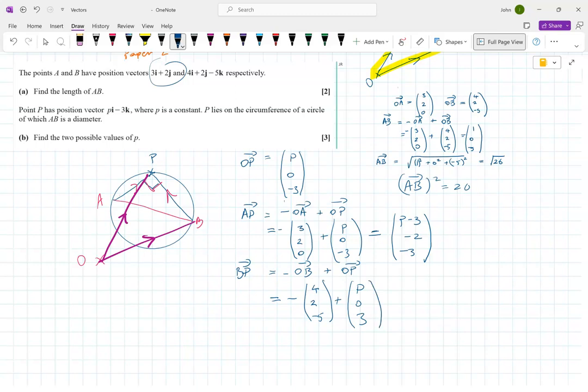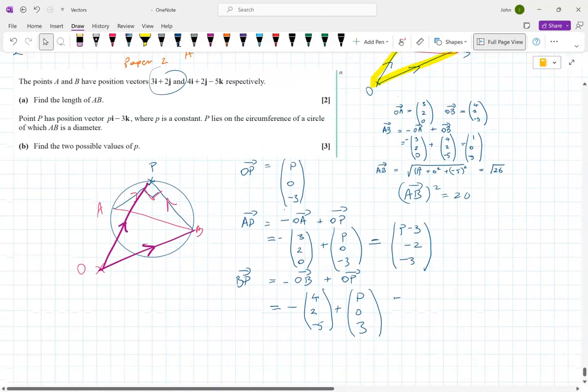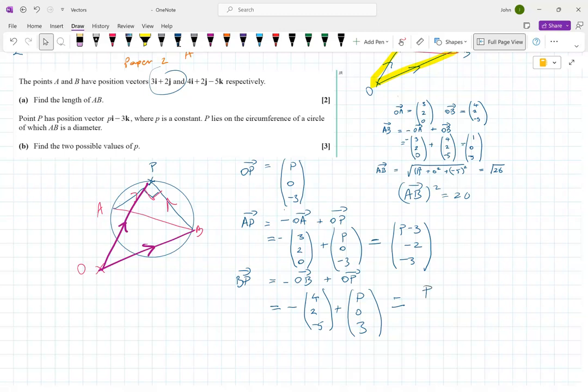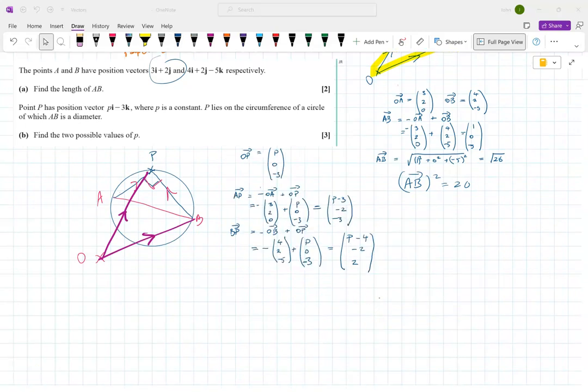So that gives us p minus 4, negative 2, and I've missed a minus 3 there, so that's 5 minus 3, which is 2. So that's my BP.